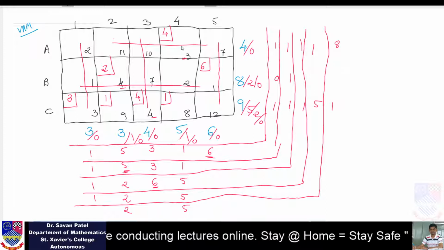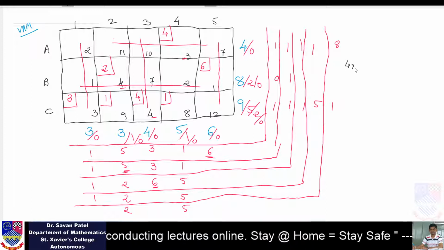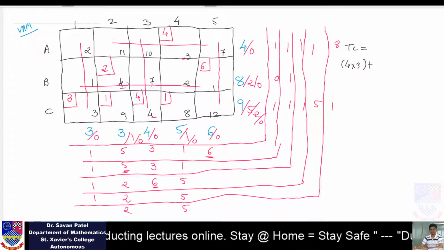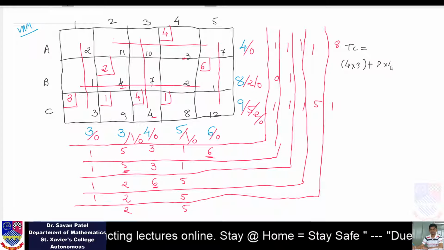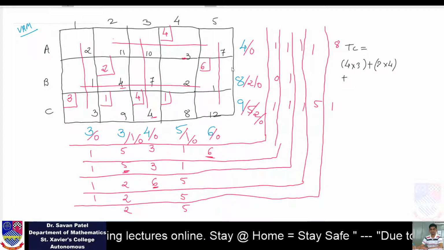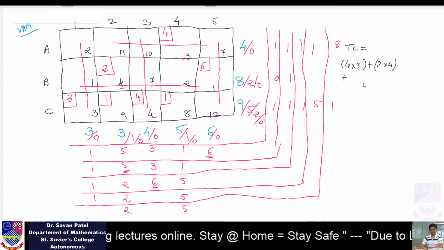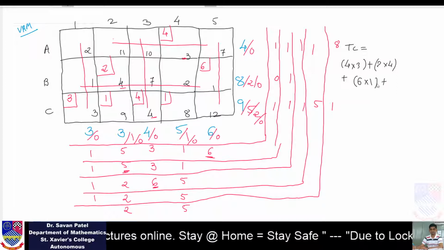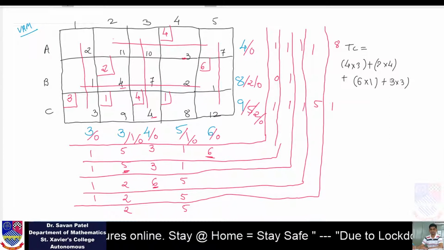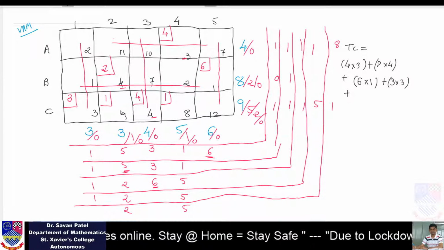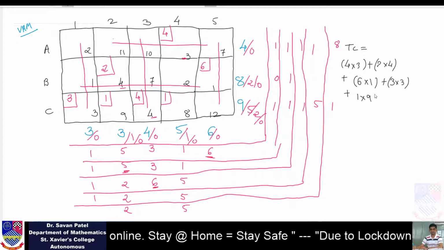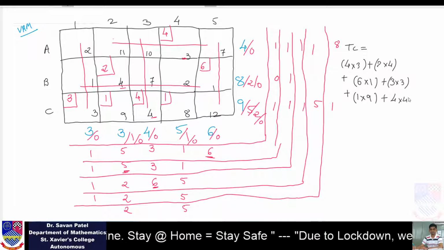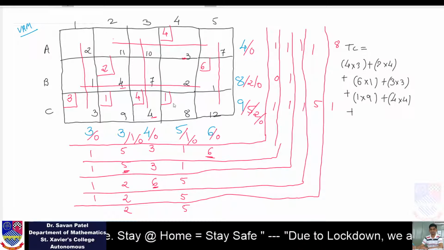So the transportation cost from this point is 4 times 3 plus 2 times 4 plus 6 times 1 plus 3 times 3 plus 1 times 9 plus 4 times 4 plus 1 times 8.